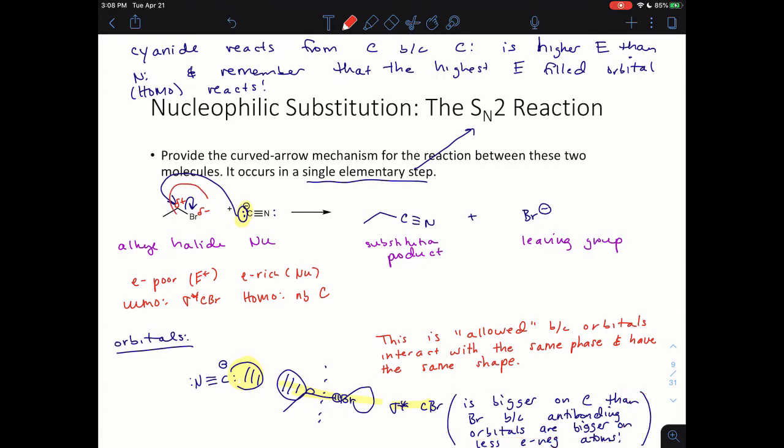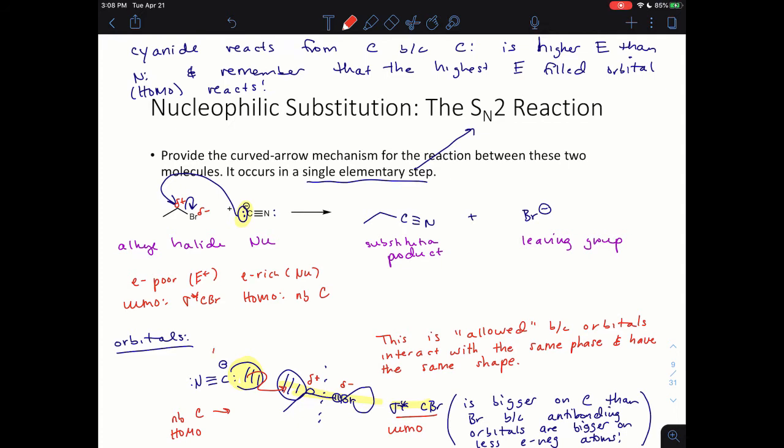Or we can think about the polarization of the carbon-bromine bond where there is a partial positive on the carbon atom. So we have non-bonding carbon as the highest energy filled molecular orbital of cyanide attacking that sigma star C-Br, which is the LUMO, the lowest energy empty orbital of the alkyl halide.